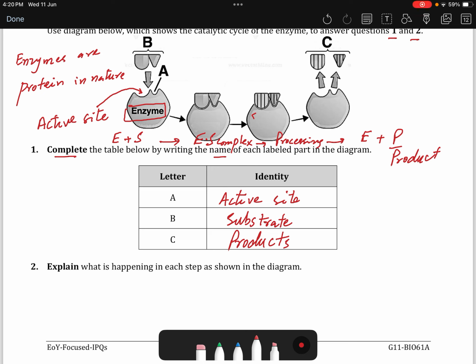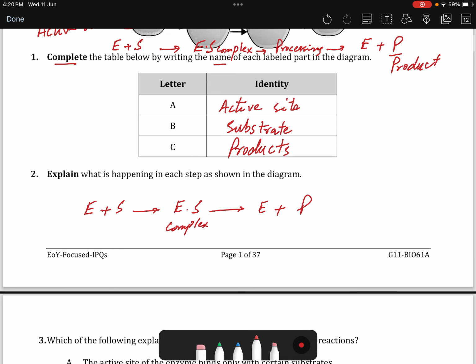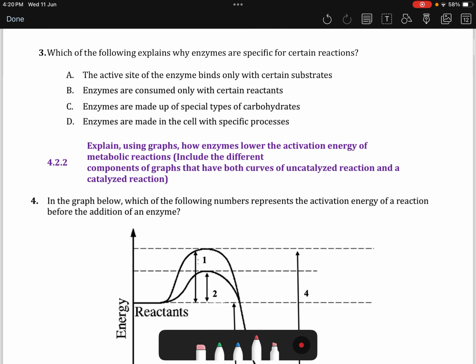You have to say it in words, but I can write over here E plus S gives you E dot S complex, and it gives you E plus P. Okay, so you know what S and P are, and this is known as the enzymatic cycle.